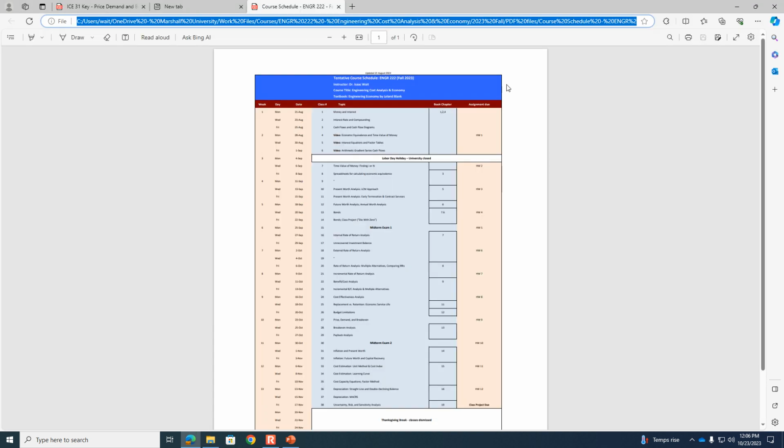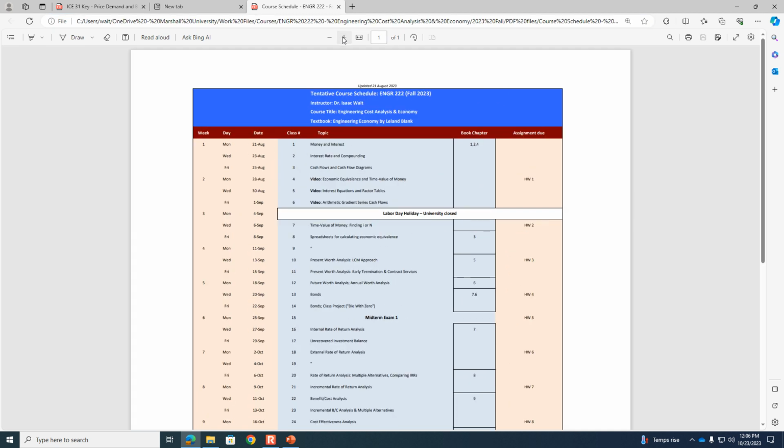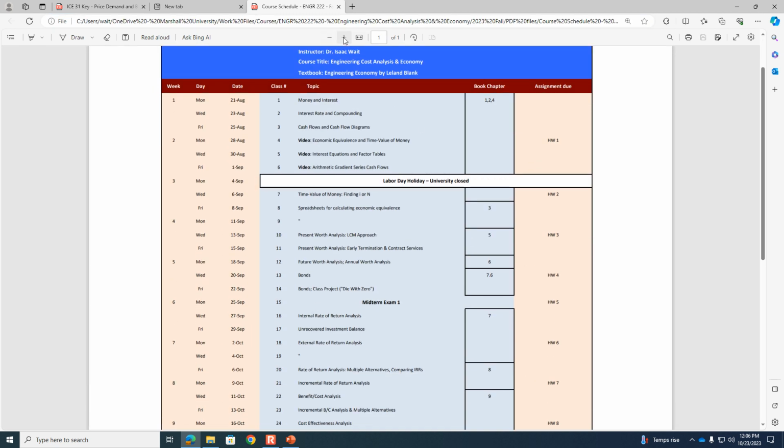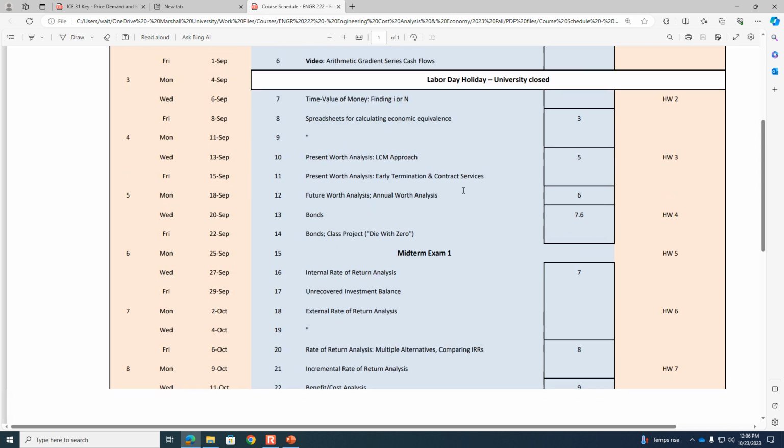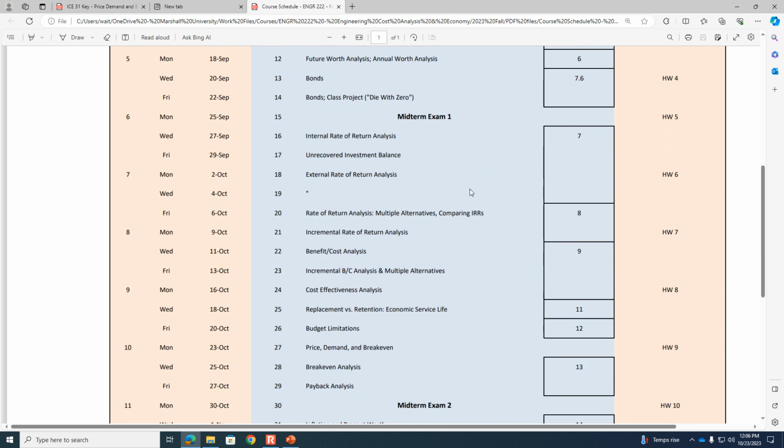So the schedule that's posted on Blackboard, you can go to that at any time and see which lectures go with what day. And so the emphasis on the exam is going to be material that was covered since the first midterm. Well, probably what you've already realized is that it all kind of naturally builds over time.